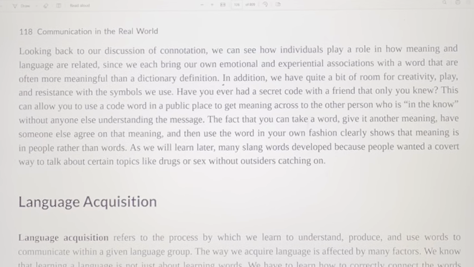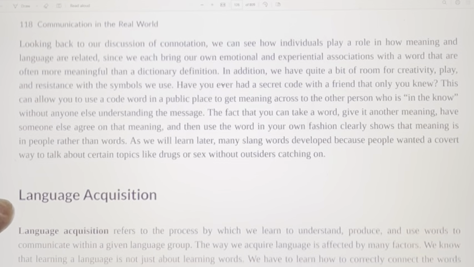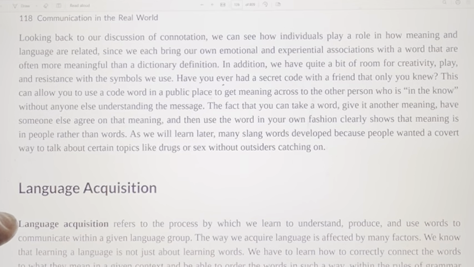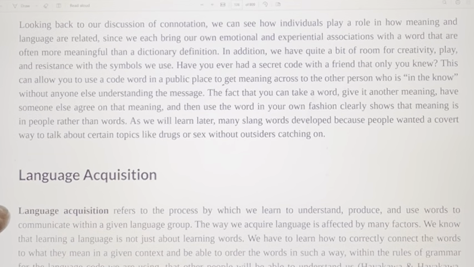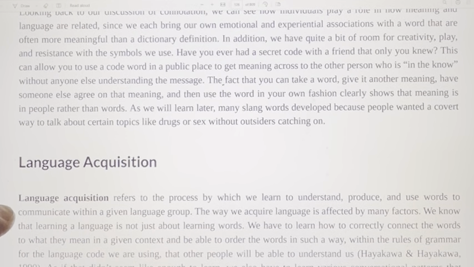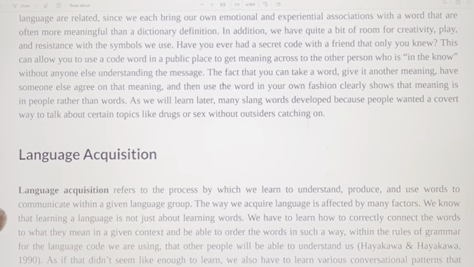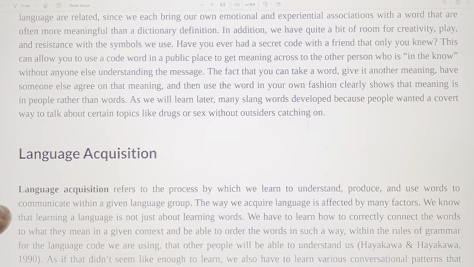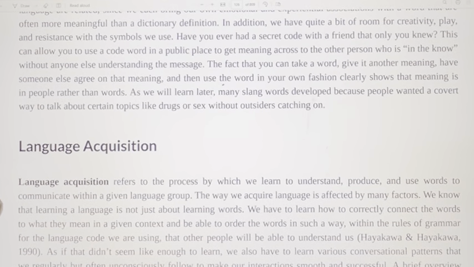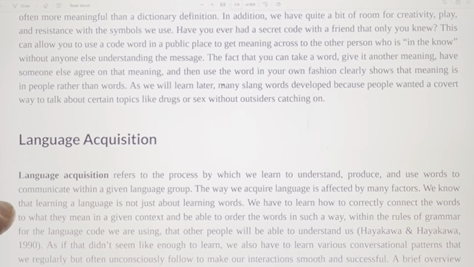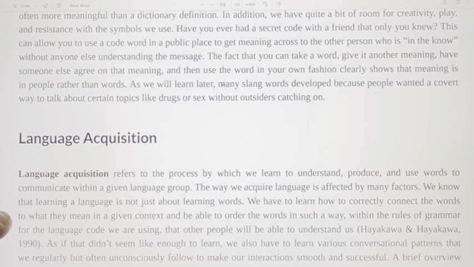Looking back to our discussion of connotation, we can see how individuals play a role in how meaning and language are related, since we each bring our own emotional and experiential associations with a word that are often more meaningful than a dictionary definition. In addition, we have quite a bit of room for creativity, play, and resistance with the symbols we use. Have you ever had a secret code with a friend that only you knew?